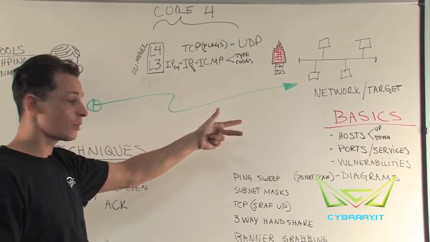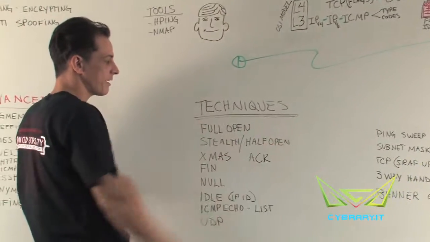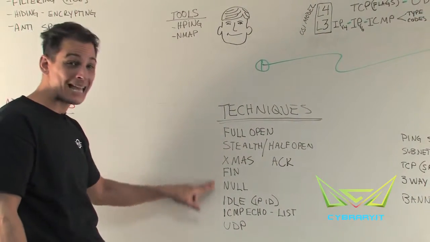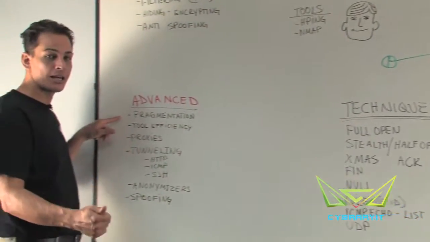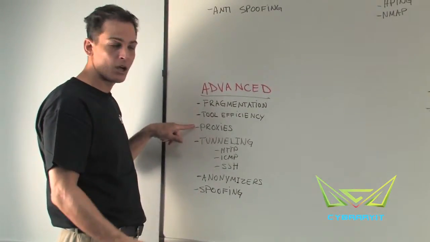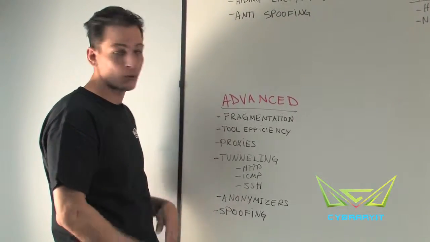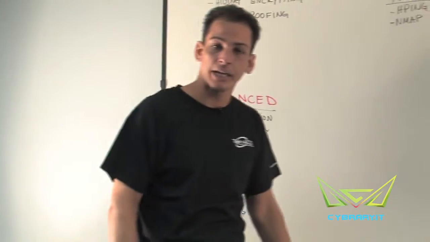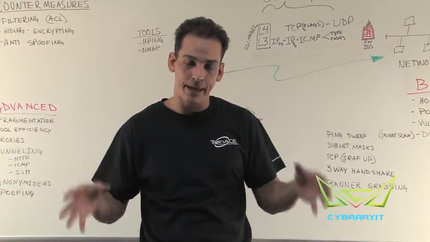What vulnerabilities are available? And then we can go into a little bit pseudo-advanced techniques here and start really manipulating Nmap commands and hping commands. And then finally, make sure that you're anonymous, make sure that you can hide yourself, and make sure as the attacker you're not getting caught. But of course, we're doing all of this legally and ethically anyway. So that wraps up the theory of scanning in penetration testing.